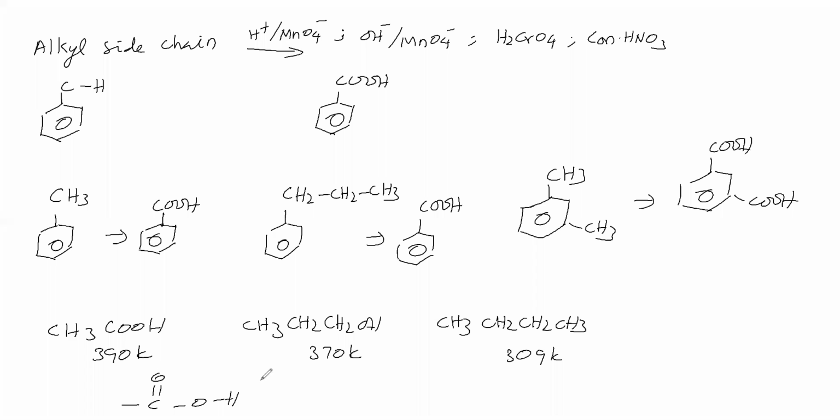Due to this, the carboxylic hydrogen has a greater magnitude of positive charge than the alcohol hydrogen, which has less. Therefore, it forms stronger hydrogen bonding, whereas alcohol forms weaker hydrogen bonding. Therefore, carboxylic acid has a higher boiling point than alcohol.